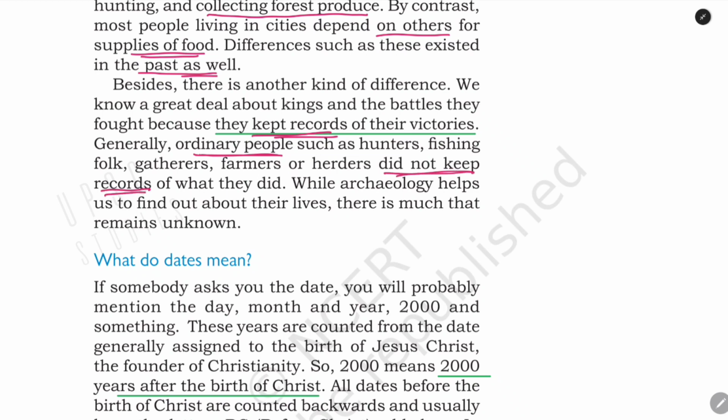So archaeology helps us find out about the lives of ordinary people, because there are not many records available to study about them.